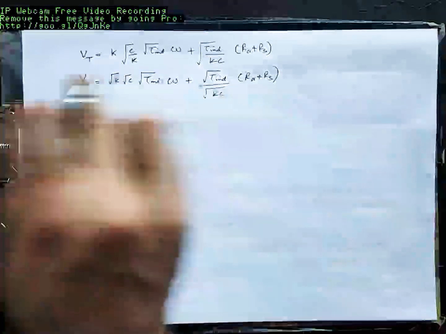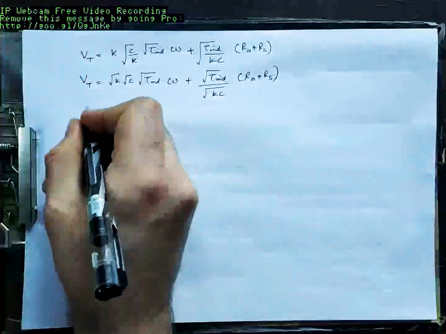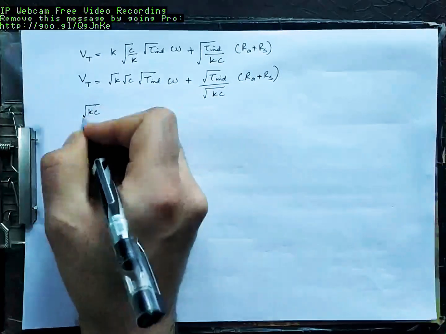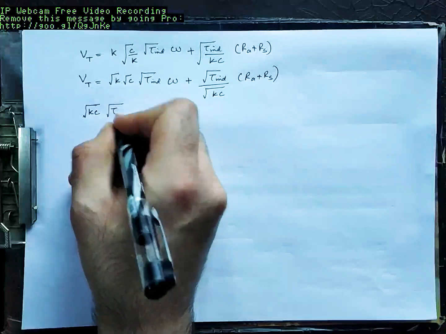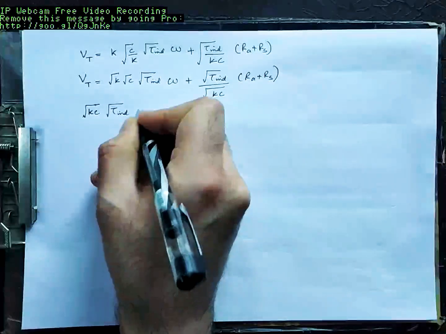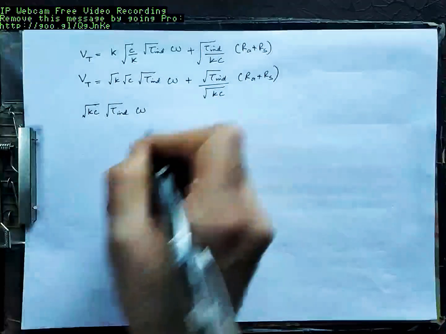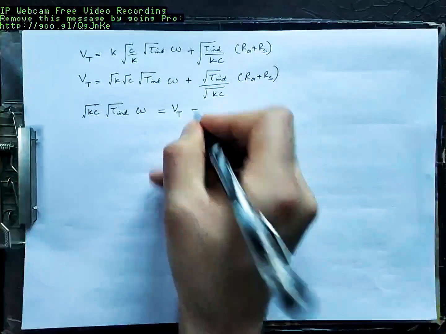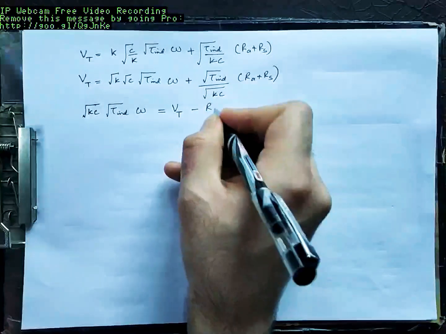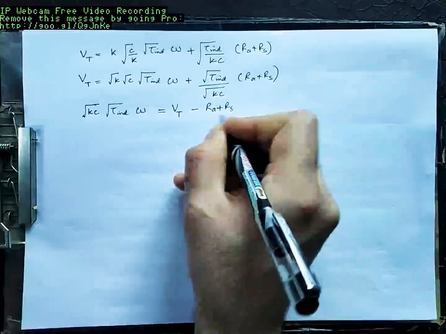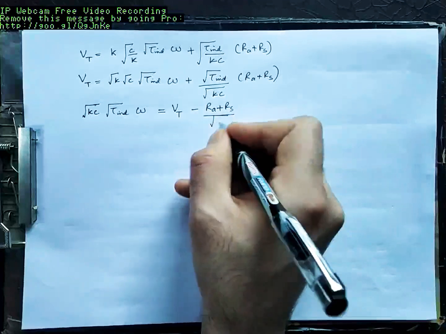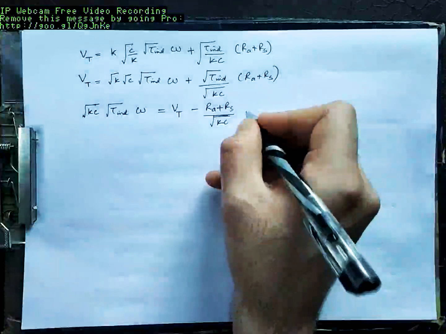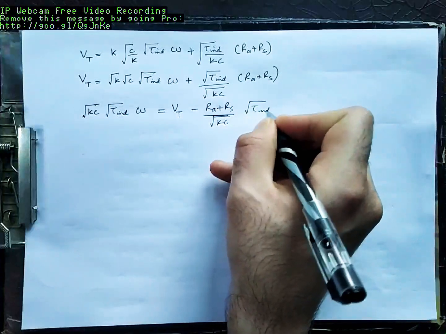If I take this to this side, I can write under root of Kc under root of tau induced into omega is equivalent to Vt minus (Ra plus Rs) divided by under root of Kc into under root of tau induced.